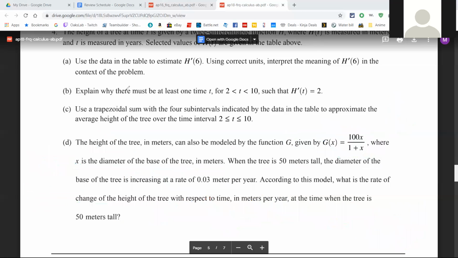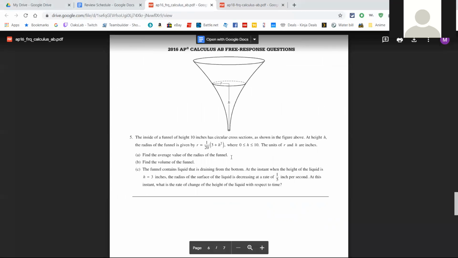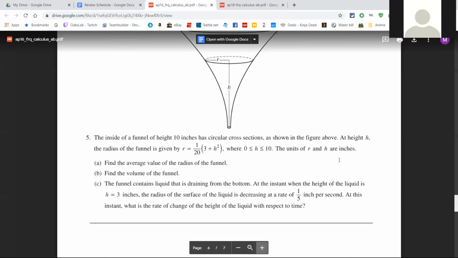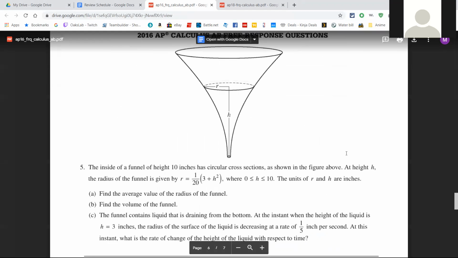And there is one more. 2016. This is another non-calculator problem. Let's see. Let me zoom in a little bit. So they gave you this figure right here.